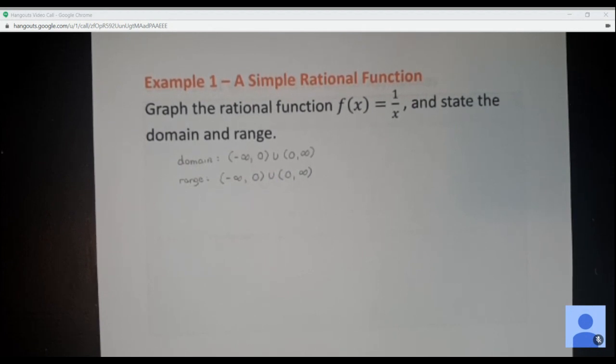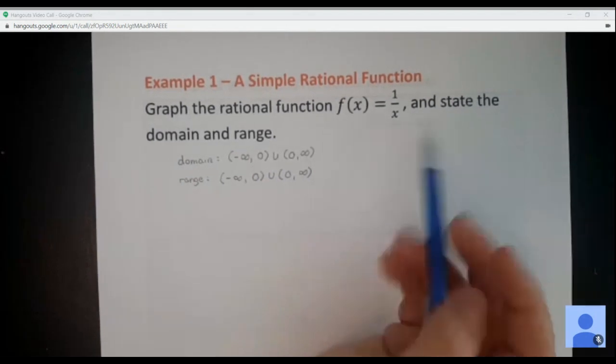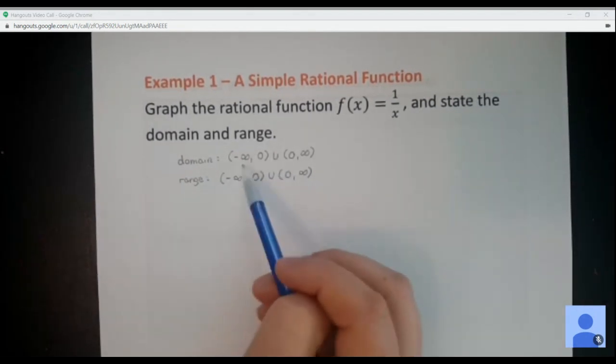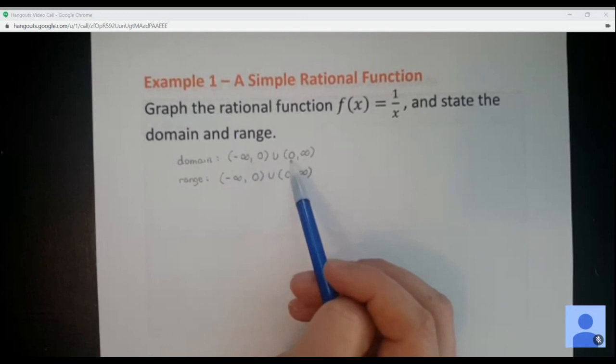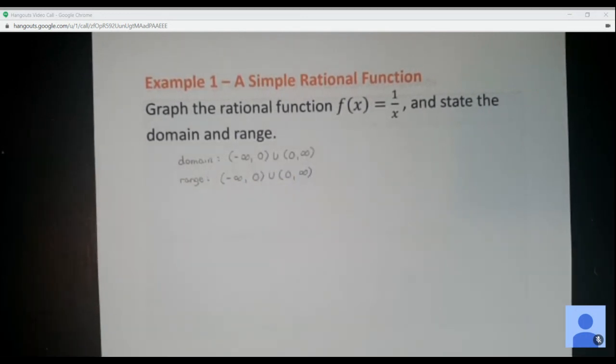Now, looking at the function itself, right? So 1 over x. My domain is from negative infinity to 0 and from 0 to infinity, where we are not including 0. There's a restriction, right?